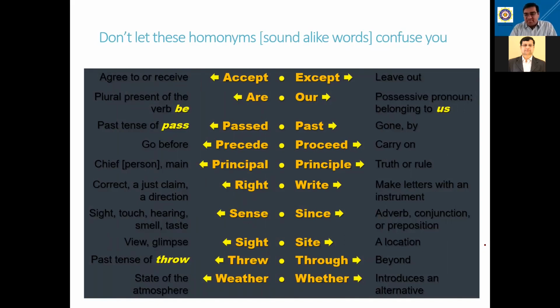These are all self-explanatory, right? So you can read. Past, passed, proceed, precede. Again, principle, principal.